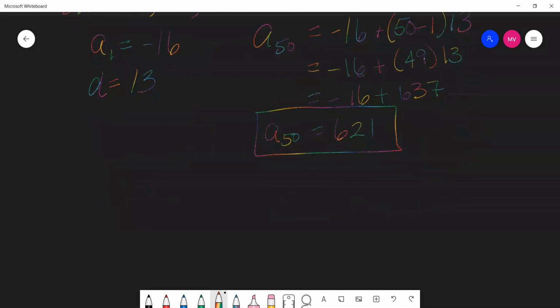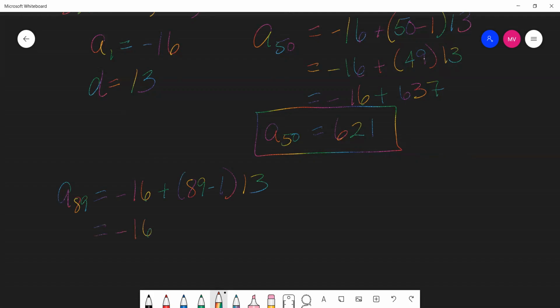Okay, so A89. That's what you said, right? Position 89, that's what we need to calculate. All right, so the term at position 89 is what? Yes. Negative 16 plus 89 minus 1 times 13. So let's get rid of our parentheses.